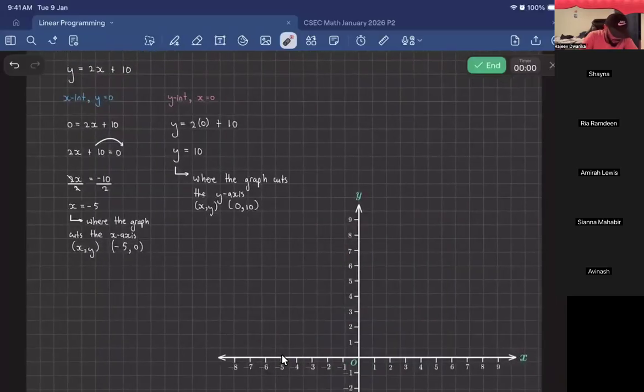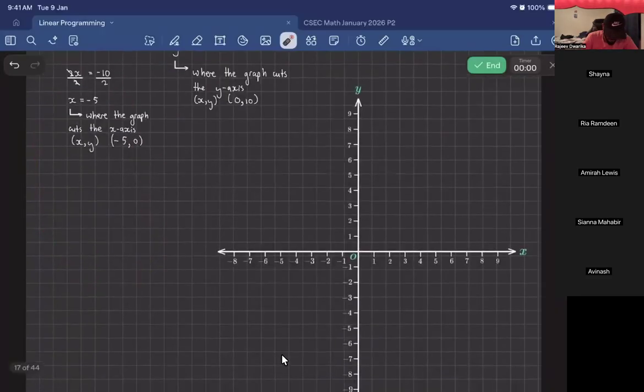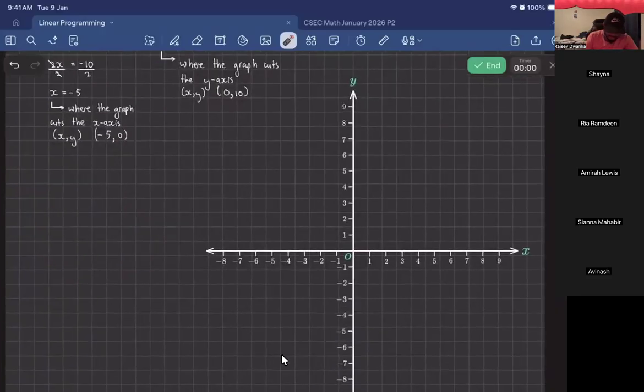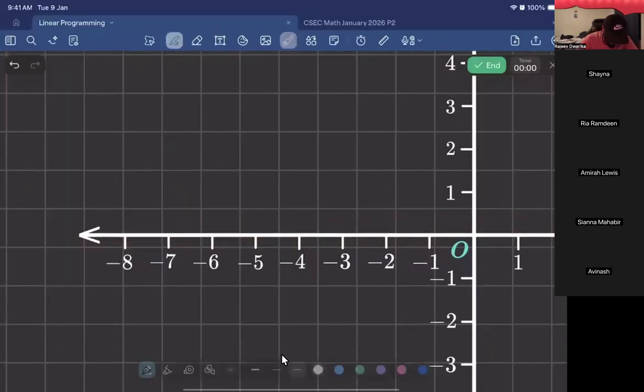So Amira, according to what we found out over here, where is the line going to cut the x-axis? What value of x? At -5. Right, at -5. So I'm going to go on the x-axis, and I'll mark -5 with a dot.